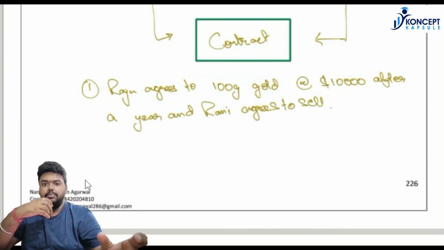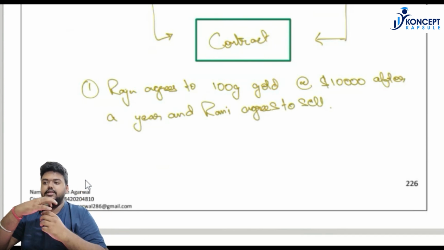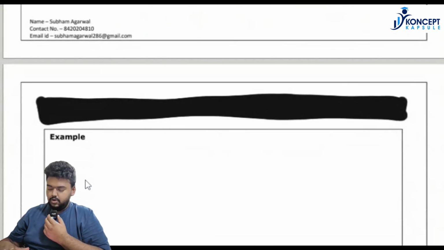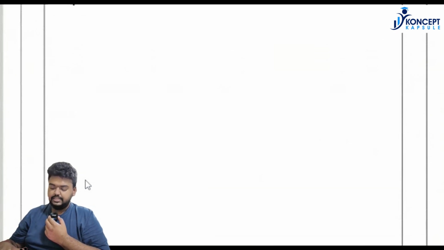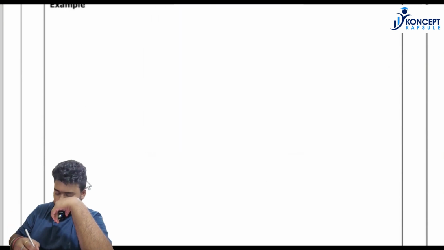And when we meet again, I will buy 100 grams of gold from you at $10,000. Now, there are three possibilities that can happen during this 1 year period.